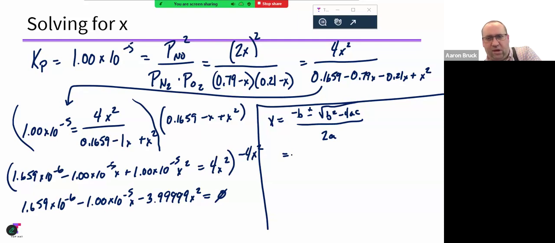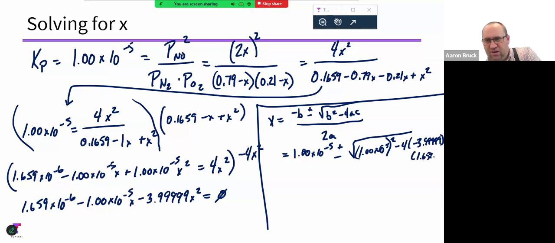Negative b would be 1 times 10 to the negative fifth plus or minus the square root of 1 times 10 to the negative fifth squared minus 4 times negative 3.99999 and 1.659 times 10 to the negative sixth, all divided by 2 times negative 3.99999.